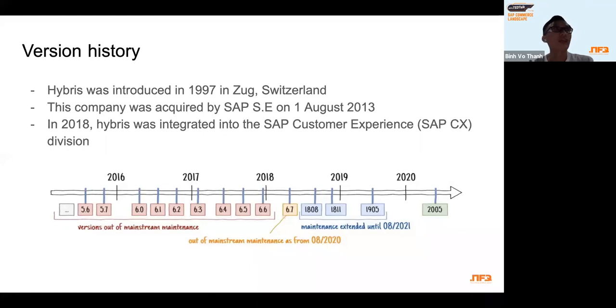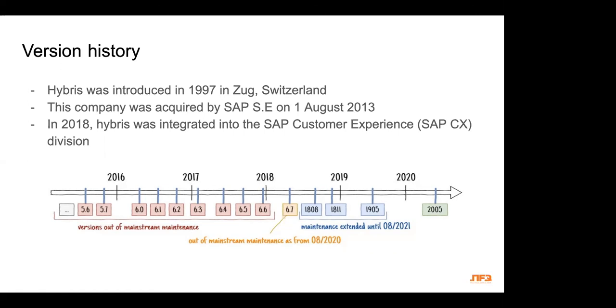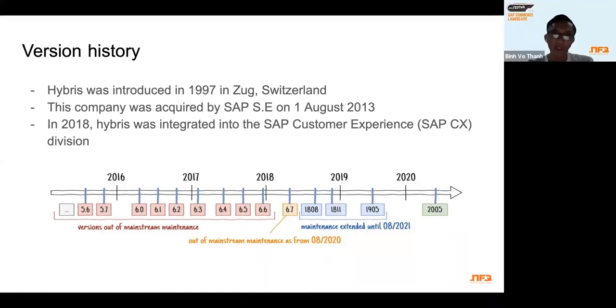SAP CX is actually a group of solutions. It consists of 5 different solutions, including customer data, marketing, sales, SAP service, and SAP Hybris.